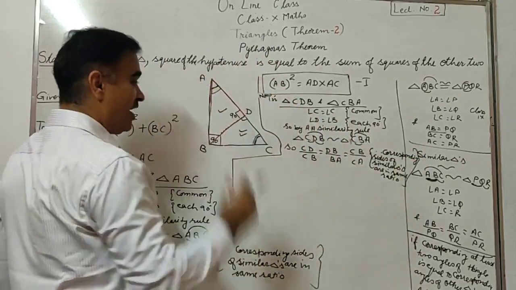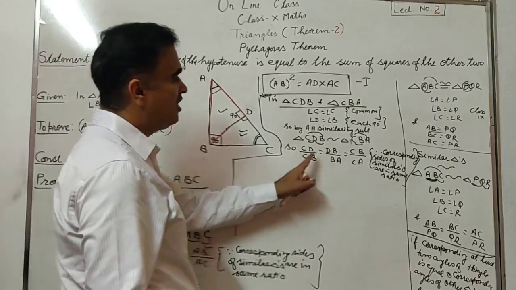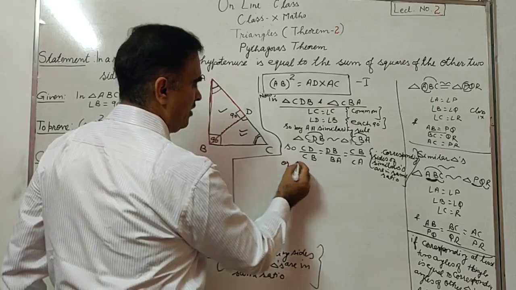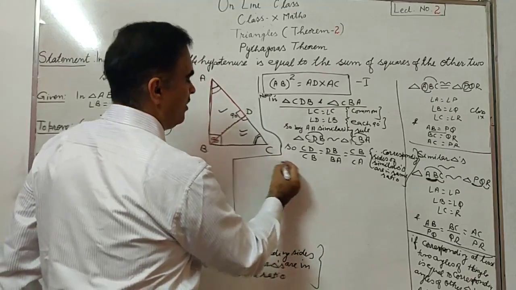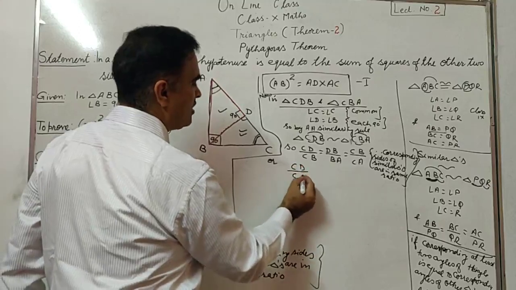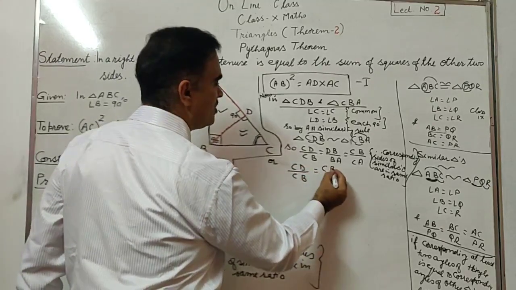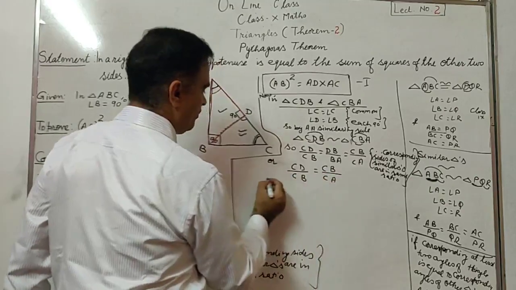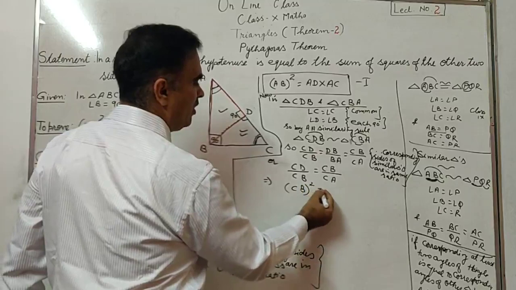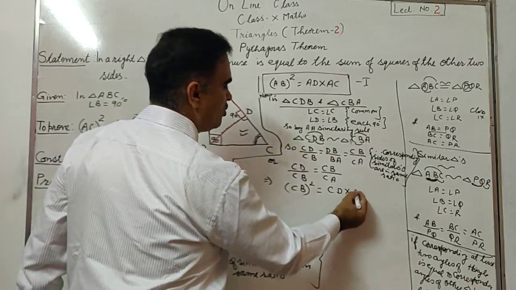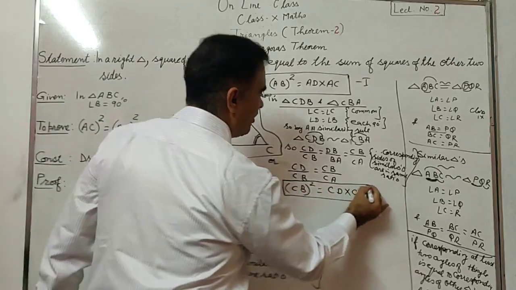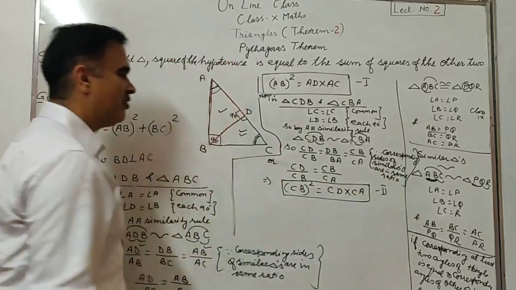Again we can take CD upon CB equal to CB upon CA. Cross multiply: CB square equal to CD into CA. This is your second.